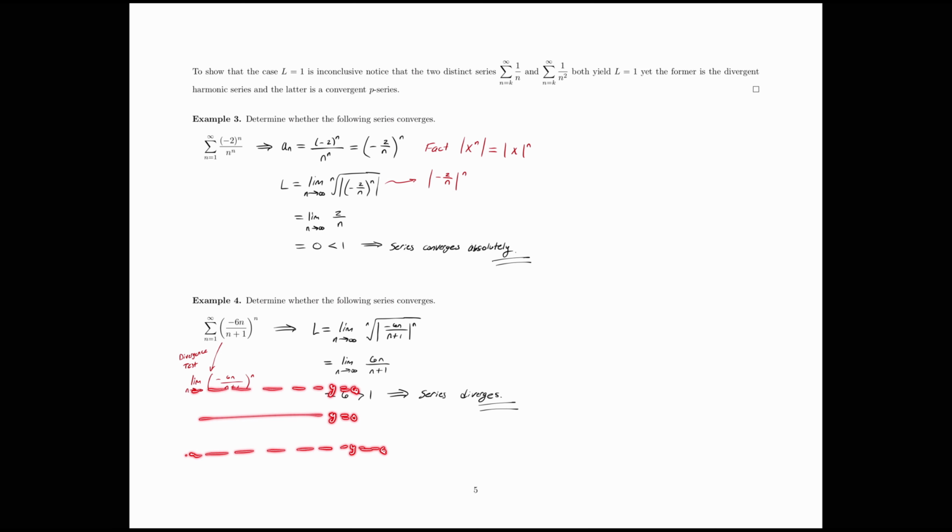So if we're at n equals 1 billion or something like that, then it's more or less doing this. So the limit clearly doesn't exist. It's not honing in on one unique number.